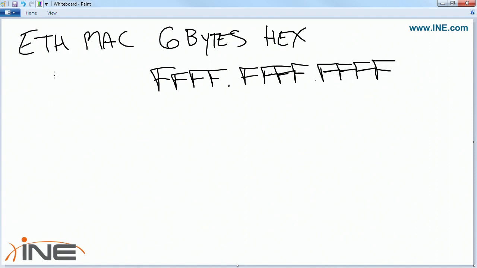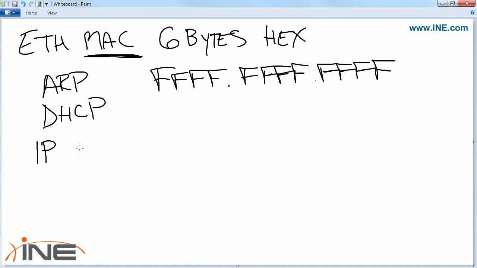This is what we would use, for example, for our address resolution protocol. Or we'll see later we could use this for a DHCP request to try to get an automatic IP address assignment from a DHCP server. But this is used just at layer 2 for Ethernet MAC addresses.